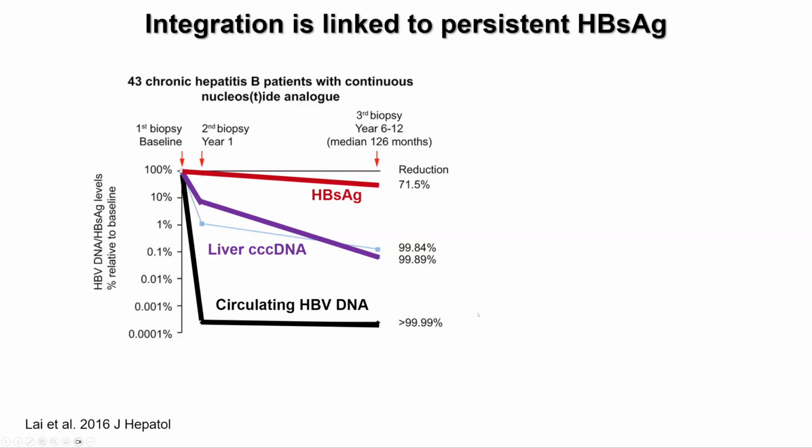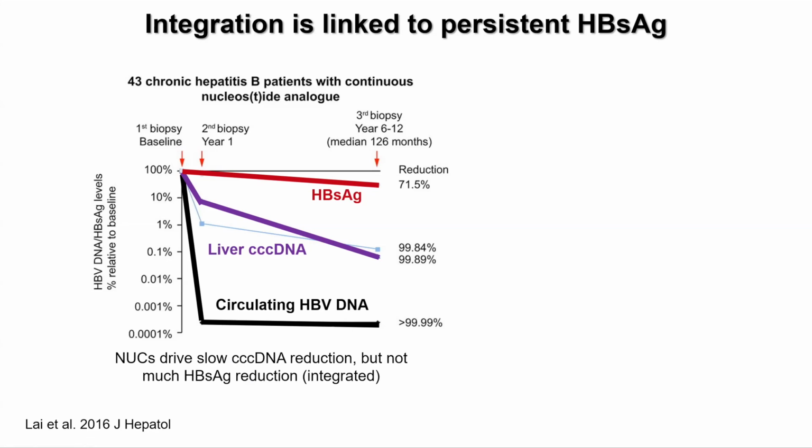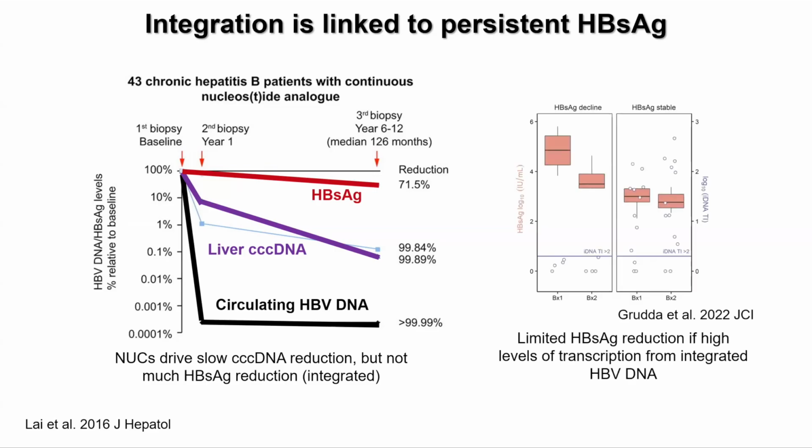This is because a lot of the HBs antigen is being transcribed from integrated DNA, and antivirals which target replication don't touch that source. That's why HBs antigen is so stable on oral antiviral therapy.